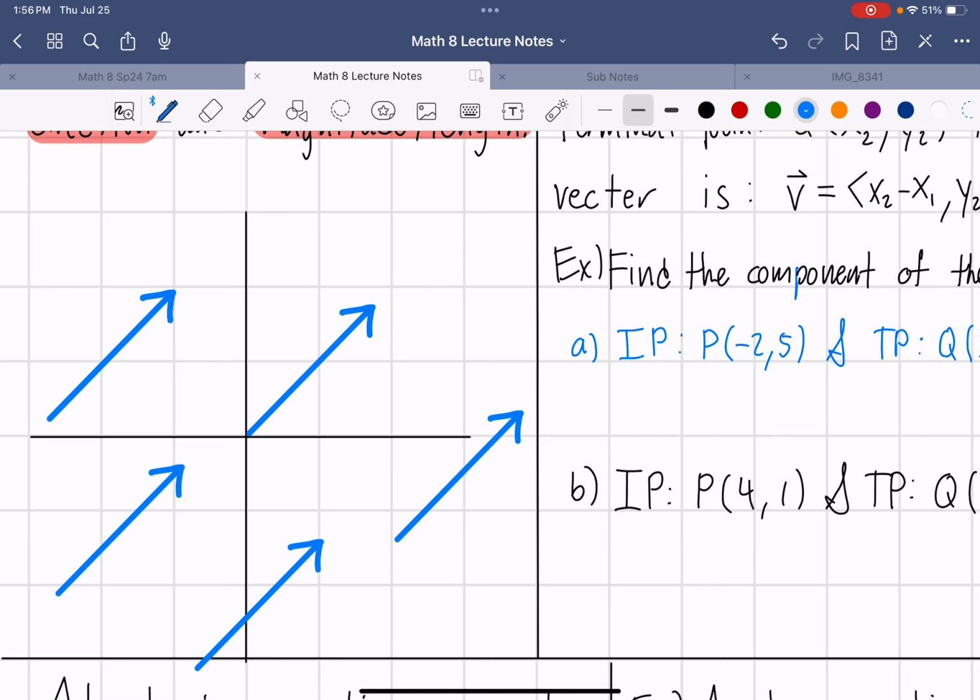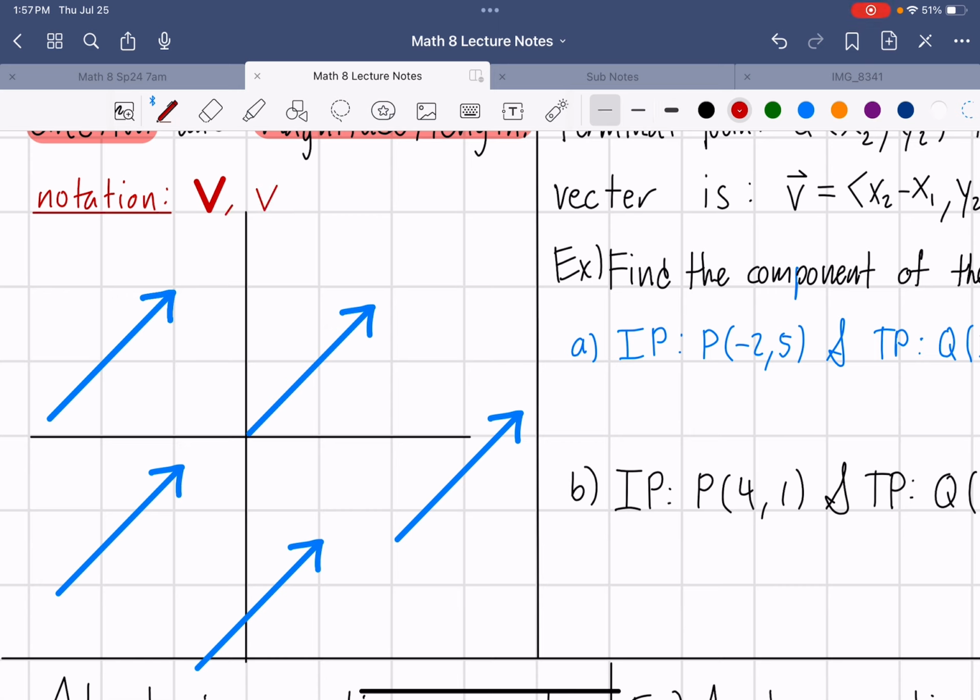Now let me give you what some of the notation is going to be for these vectors. Sometimes vectors are denoted with letters like V, W, M, N, and sometimes they're just in bold.